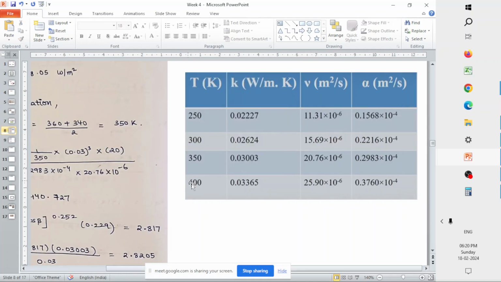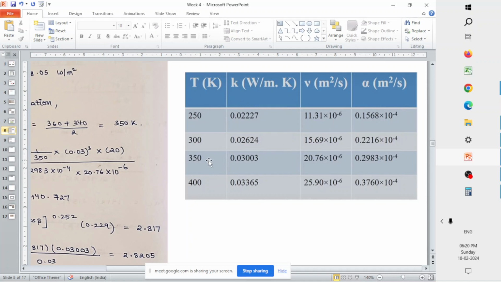I hope everybody is actually able to see the table, that is how the variation of k, v as well as alpha, that is your thermal conductivity, momentum diffusivity and your thermal diffusivity, depends on the temperature. So here we have four different temperatures, 250, 300, 350 and 400 degrees Celsius, and depending upon the temperature we have your thermal conductivity, momentum diffusivity and thermal diffusivity values.